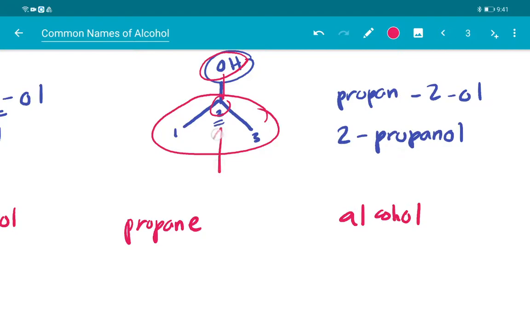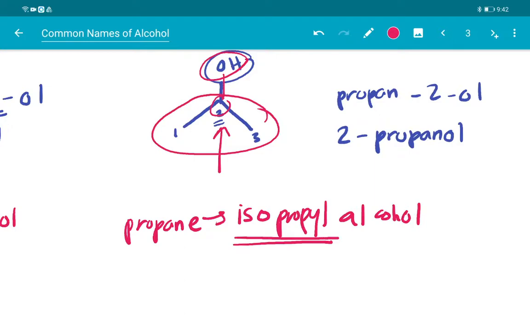However, it is positioned at the second carbon which attached to the functional group. For this one, we still use propyl. However, to differentiate it with the former structure, we need to put iso at the front. So as you can see here, this structure will be named as isopropyl alcohol.